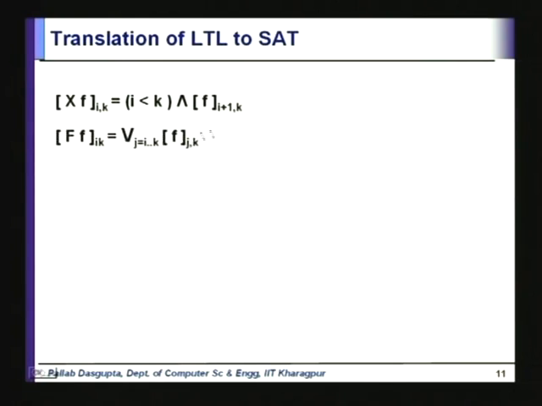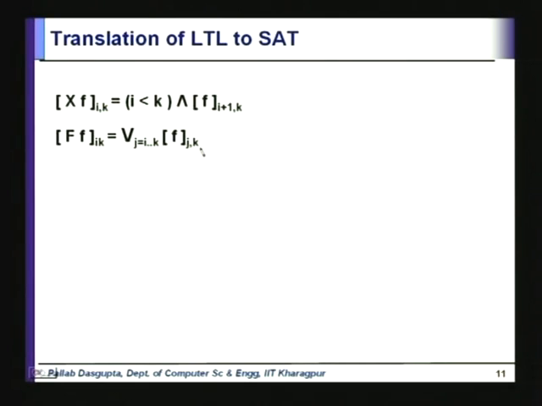For this it is simple. F of F_i^k is true at the ith time frame provided that in the time frames from i through k, somewhere F_j^k should hold.